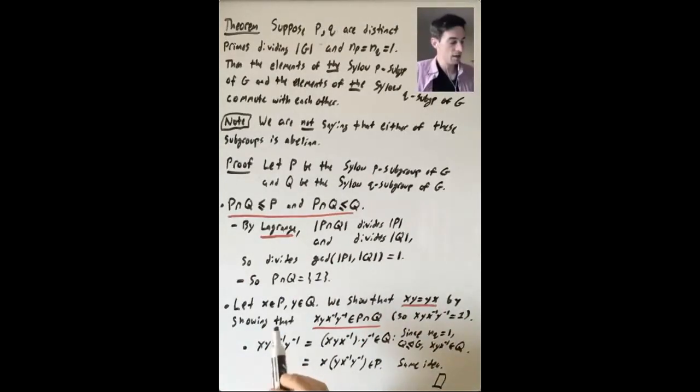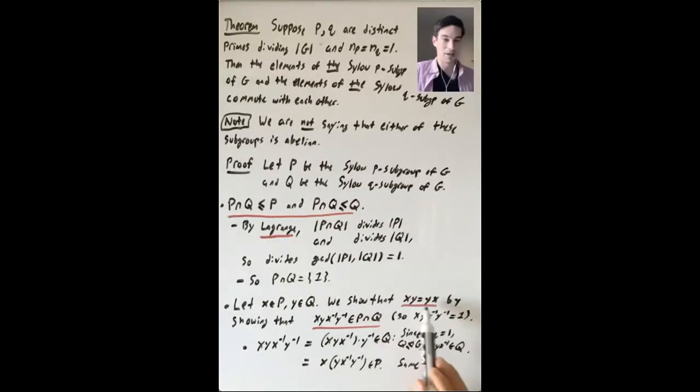Now what we're going to do is take some element x of P and some element y of Q, and we're going to show that xy equals yx by showing that xyx inverse y inverse is in the intersection of P and Q. So what does that do for us? Well, if xyx inverse y inverse is the identity, then these elements commute.